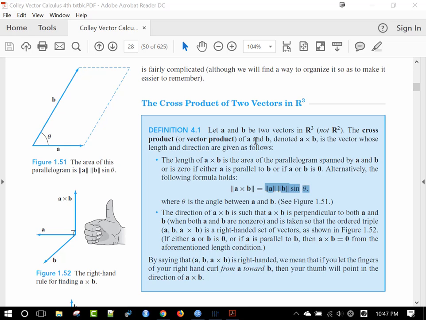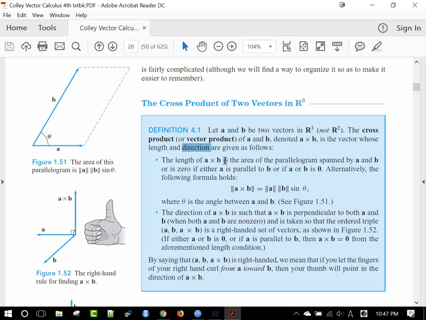Let's read what they say. Let A and B be two vectors in R3, not R2. So the cross product is not defined in R2. The cross product or vector product of A and B, denoted by A cross B, is the vector whose length and direction are given as follows. So we need the length and the direction for this.